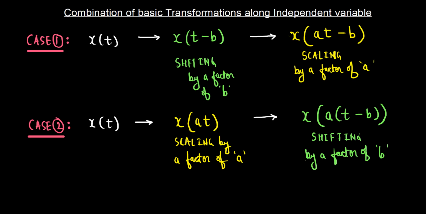Now observe these two cases. In the first case, we have performed the shifting operation first and the scaling next. In case 2, we have performed the scaling first and shifting next. Well, you can clearly see that these two resultant signals are different. They are not the same. Therefore, the shifting and the scaling operations cannot be interchanged for the same values of A and B. Let me write that.